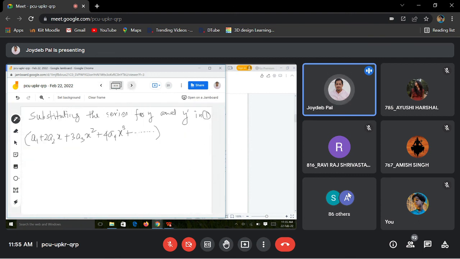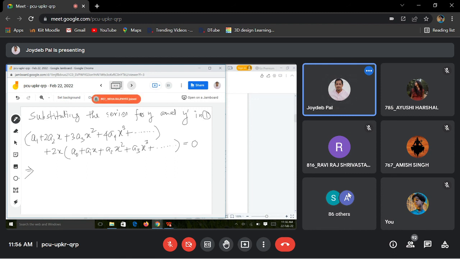So plus 2x, and then write the series for y is a0 plus a1x plus a2x square plus a3x cube and so on. Then no need to write infinity is equal to 0. Now you simplify this and write the same degree term together.